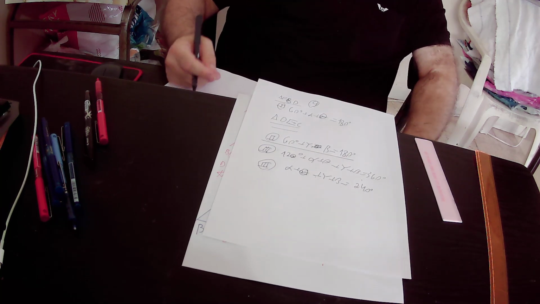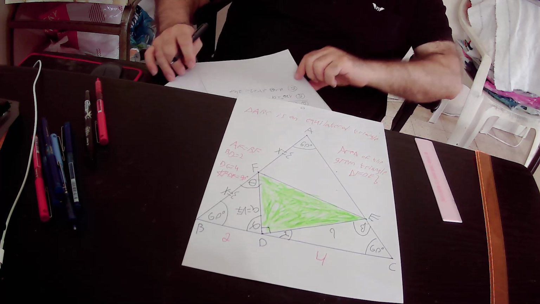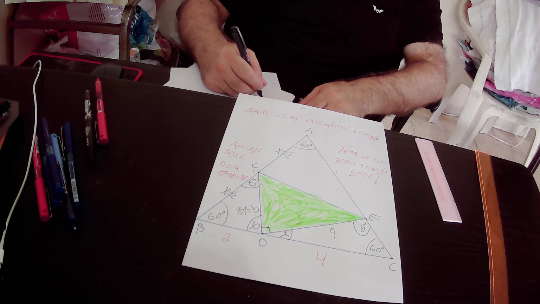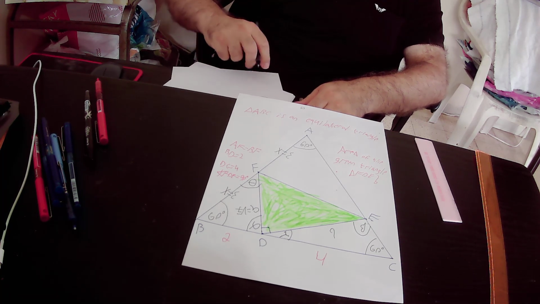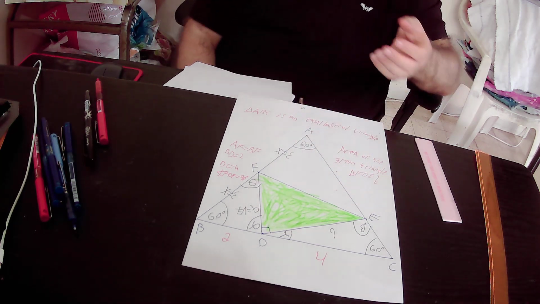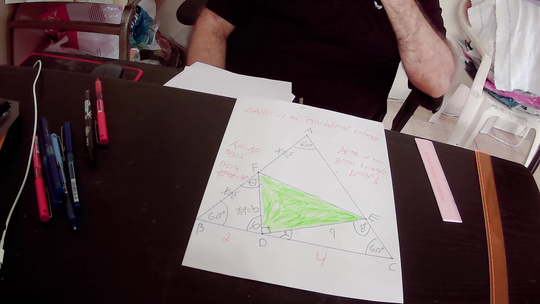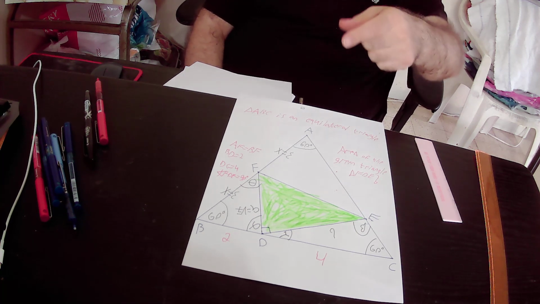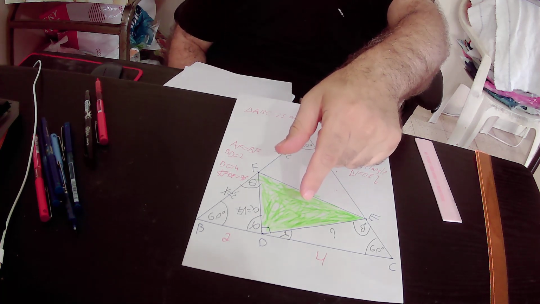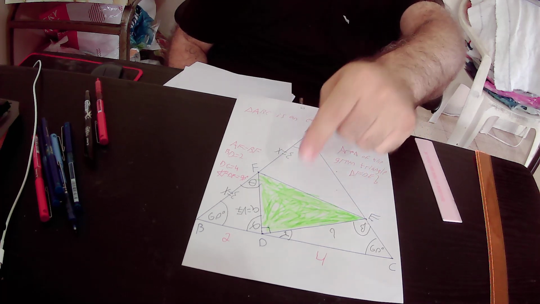Then we will create equation number 4, which states that at a certain point the sum of the angles on the upper side of any line or line segment equals 180 degrees.